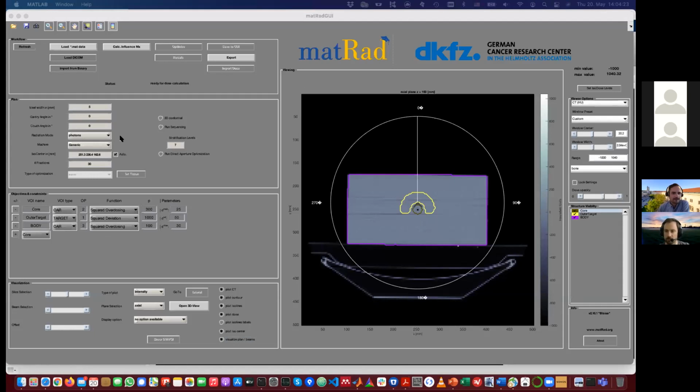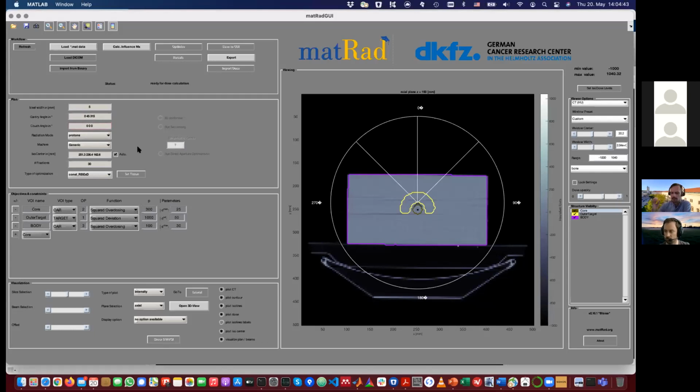So for now, you select as radiation mode protons. And for the gantry angles, you can select 0, 45, and 315. Also, you have to add the respective couch angle.